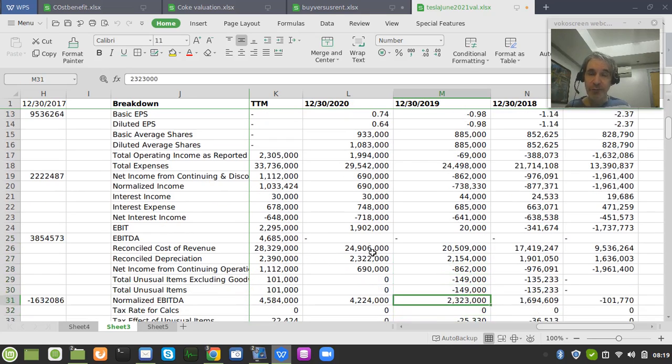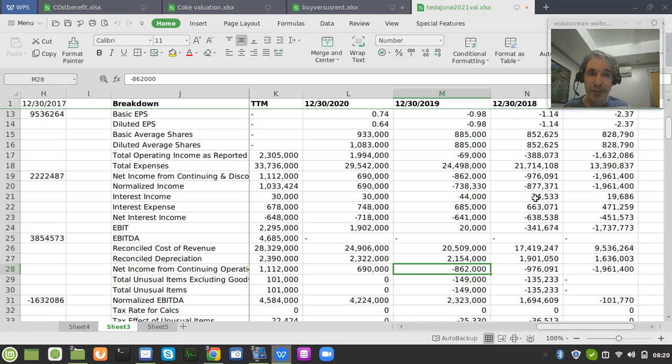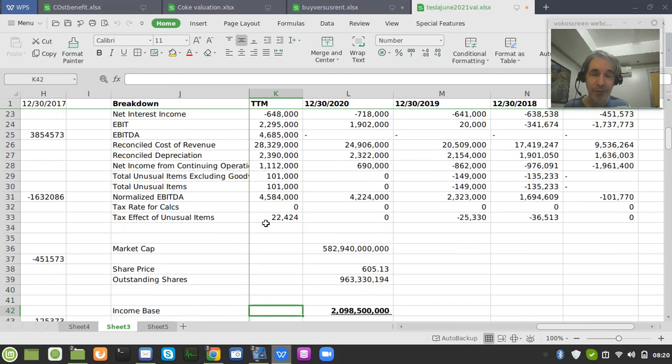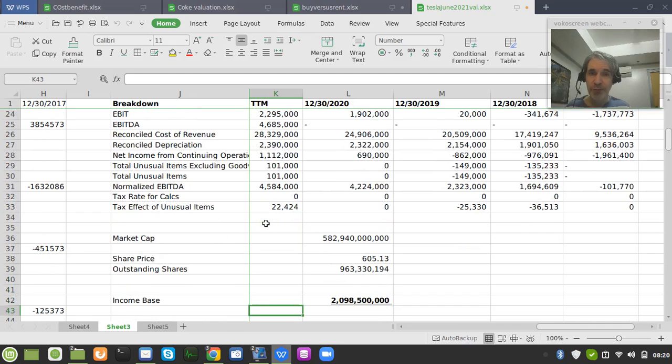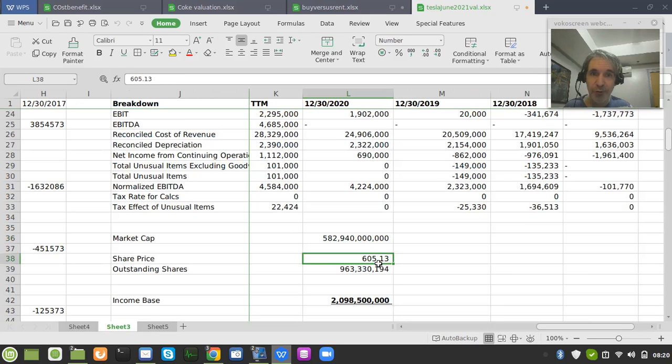So now what we're going to do is assume somewhere between those two values for the value to base our numbers on. But before we start, what I'd like to look at is that at the time when I did it, it had a market cap of $582 billion, which we get from there, and it had a share price of 605.13.